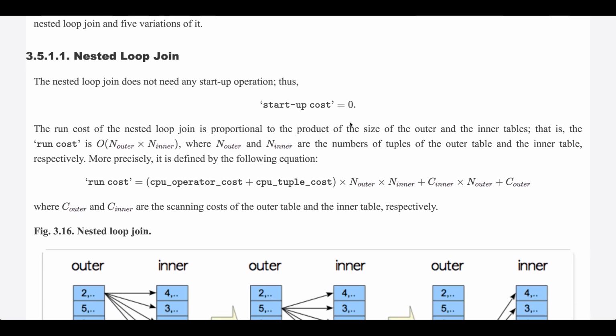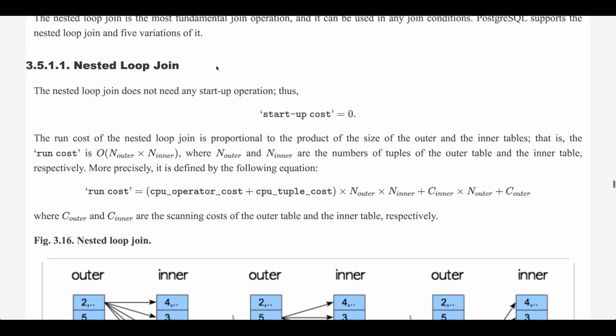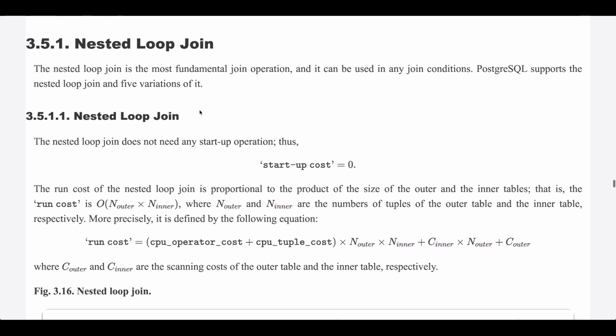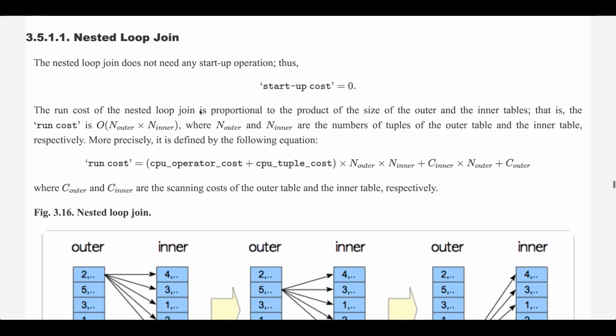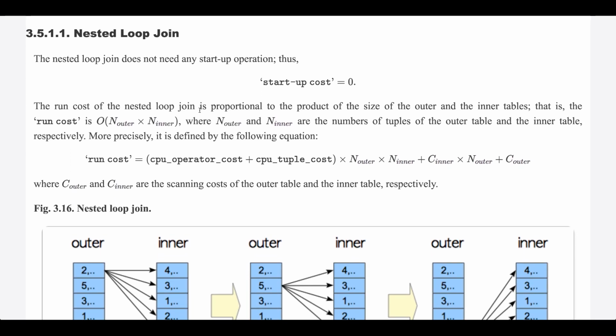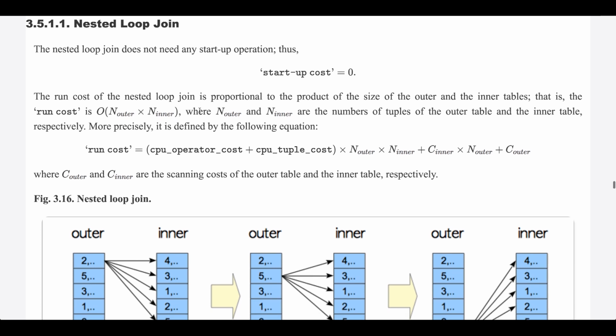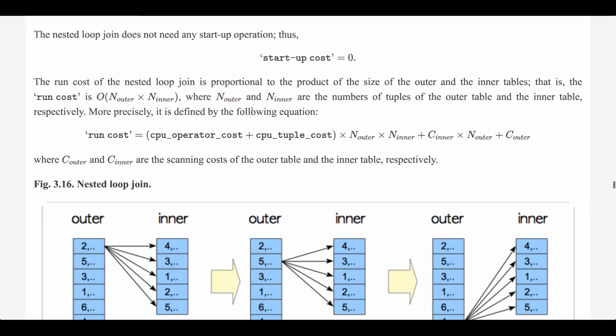First variation, 3.5.1.1, nested loop join. The nested loop join does not need any startup operation, thus startup cost is 0. The run cost of the nested loop join is proportional to the product of the size of the outer and the inner tables.